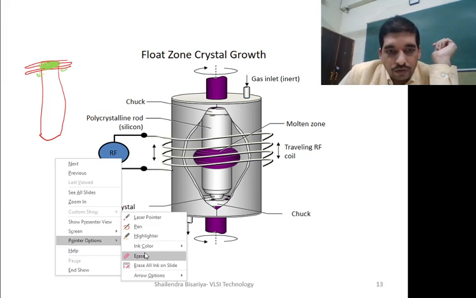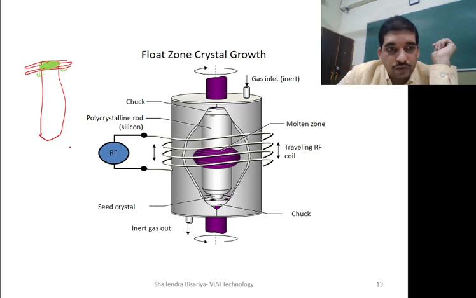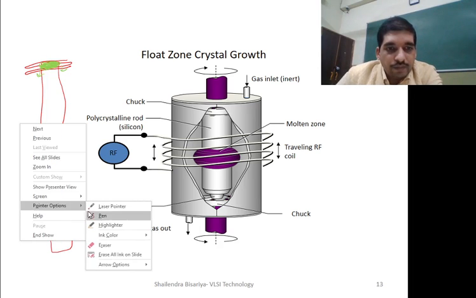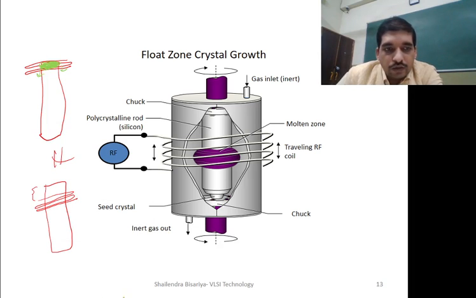So we will move the position of this coil. Let me draw this diagram again to make the picture more clear. Now from this position we are moving the coil to this portion. The material which was melted initially at the top side will solidify again.